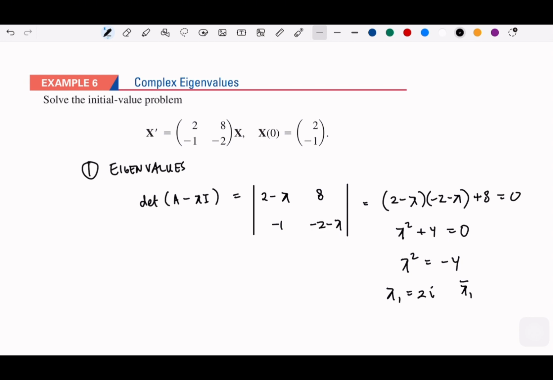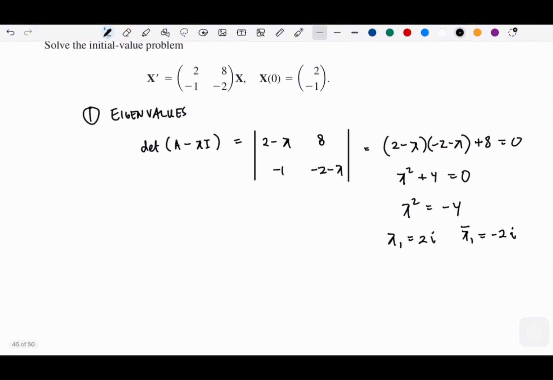Sometimes we write lambda 1, lambda 2, but for complex eigenvalues, in most cases, we write the same symbol with a bar on top, which symbolizes the conjugate of the eigenvalue lambda 1. And then for each eigenvalue we evaluate to find the eigenvectors. So let me write eigenvectors.